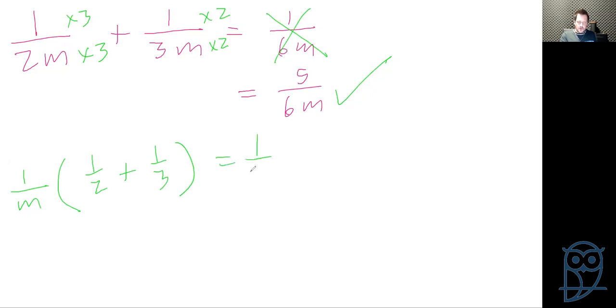And that comes out at 1 over m times 5 over 6, which is 5 over 6m. Exactly the same option. If you put the m in the top, you are wrong. Completely different answer. All right.